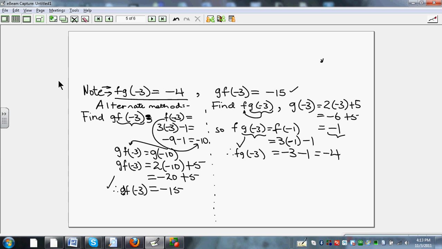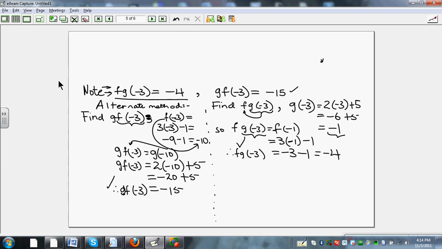So we could write a small note to ourselves. The note is, fg of x is not the same thing necessarily as gf of x.